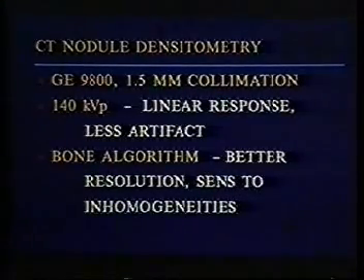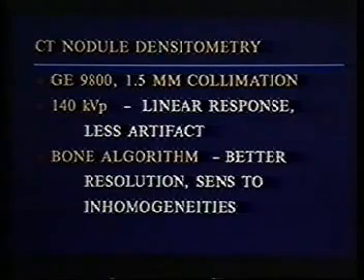I think if you are using CT to diagnose calcification using this sort of densitometric technique, it's good to get a technique and stick with it and not change it very much, because changing kVp settings, etc., can change CT numbers. We use a 9800 GE with 1.5 millimeter collimation.